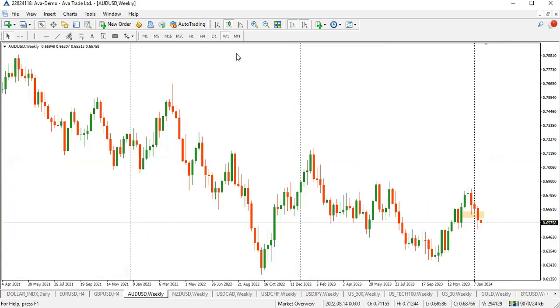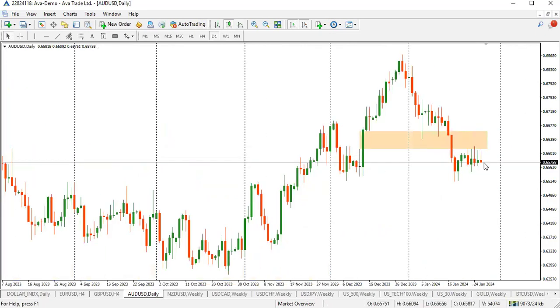Okay, the next one is our Aussie pair. So the AUD USD, we expected it to go lower. I felt that this was relatively poor news. It should trade lower to trade into this bullish order block, but it didn't. It just consolidated inside, so like we had a ranging market for last week. See, this is rubbish.